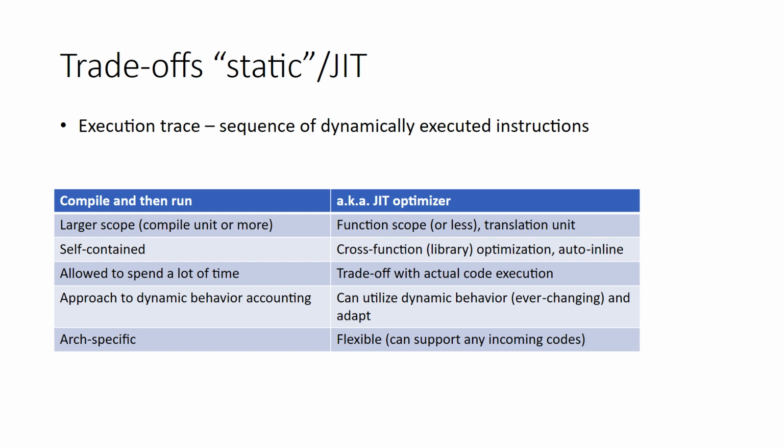And a just-in-time optimizer is not able to do that at all. There is no possibility, like physically, to do that, even if it very much wants to. What a just-in-time optimizer sees is an execution trace, the sequence of dynamically executing instructions. So, for example, you have quite a large loop, which is probably like 1,000 instructions, which is not very uncommon.